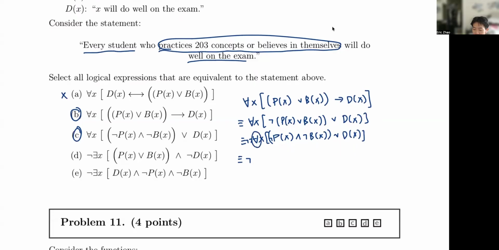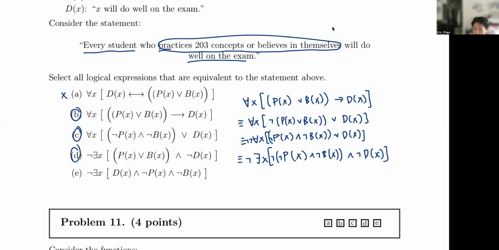So we have to negate this and this. It'll be not P of X and not B of X, in parentheses, and then if you distribute it again, it'll be and not D of X. Now if you distribute this inside using De Morgan's, we basically get this over here.